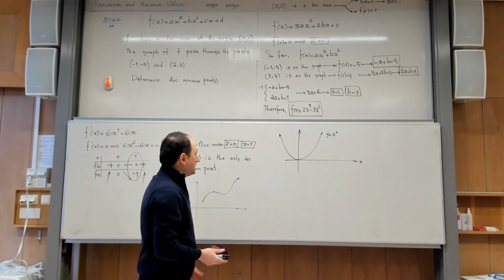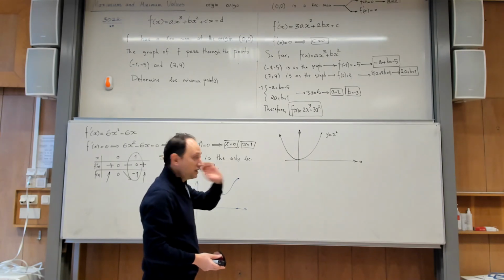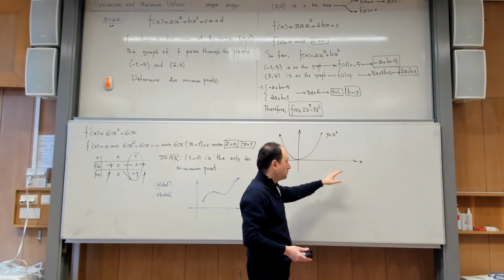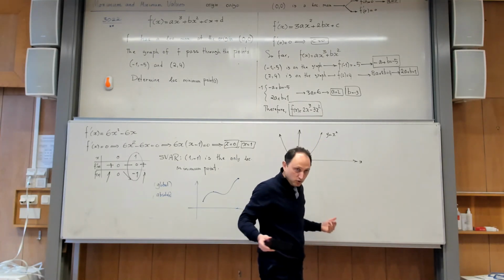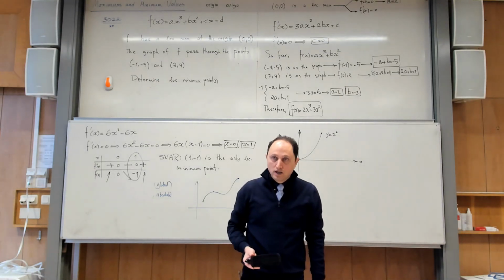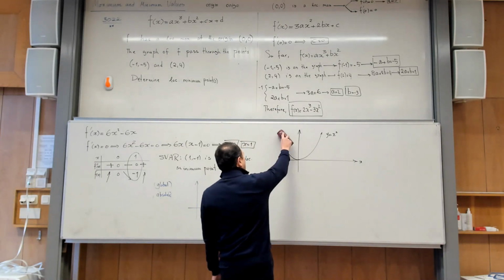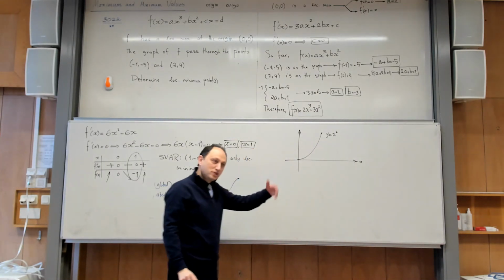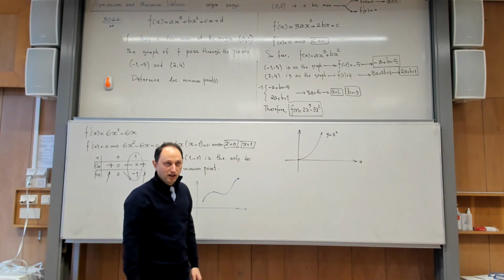But usually, this is not a realistic function, because in reality, we have some limitations. In this function, what is the domain? In the realm of mathematics, the domain is infinite, from minus infinity to infinity. You can imagine any inputs. In this example, you need to get rid of the negative part for x, because x was the total number of your production, so there is no meaning to talk about negative values for x.